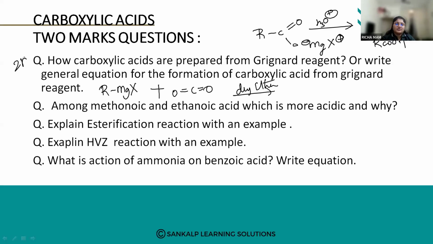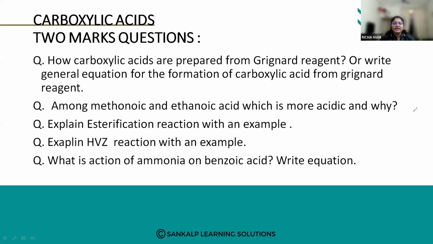Again, a 2-mark question. Next, among methanoic acid and ethanoic acid, which is more acidic and why?